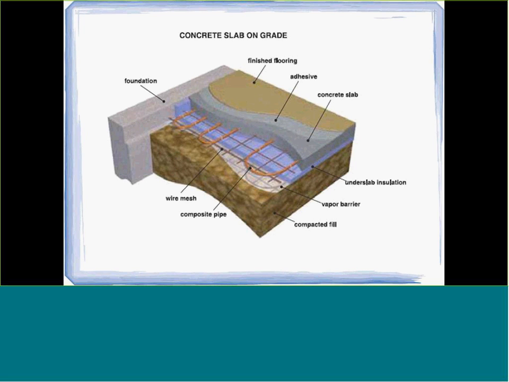We usually tie it about every 2 to 3 feet and make sure the tubing stays on the floor. That way we don't have to worry about somebody cutting a piece of tubing while they're saw cutting. Again, this is the most common and probably one of the most cost-effective ways to do radiant floor.